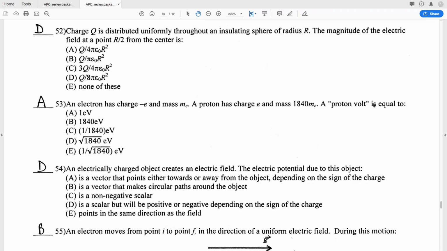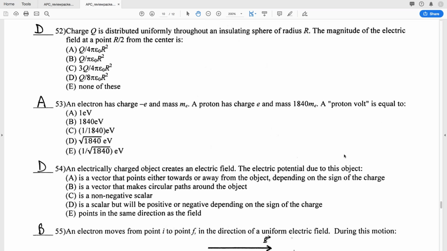I think this ends up being a bit of, I hate to use the word trick question, but an electron volt is a certain amount of energy that it requires to move a charge through 1 volt. That's really what it is, and it has a joule equivalent.